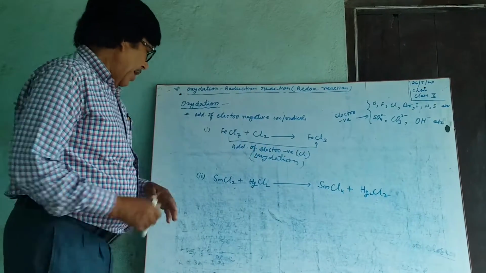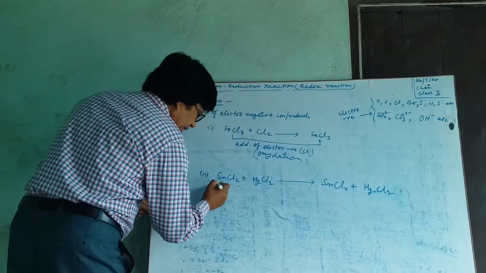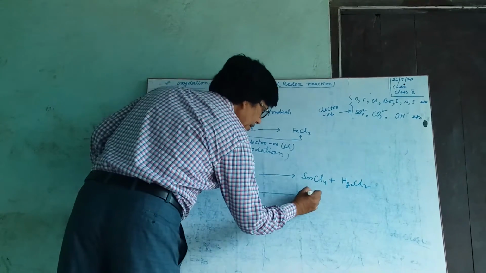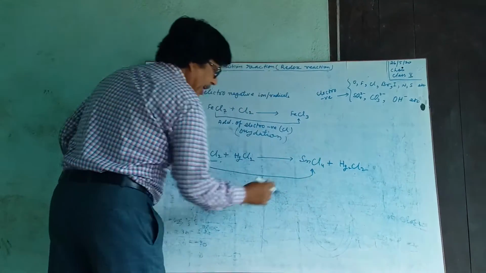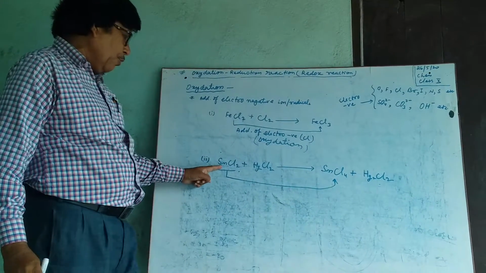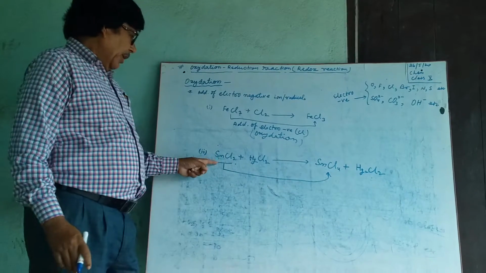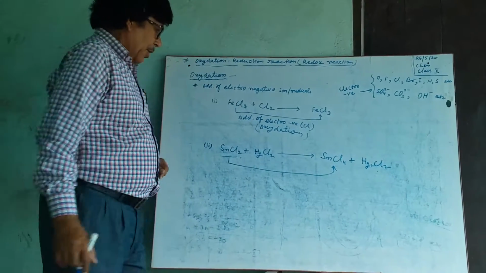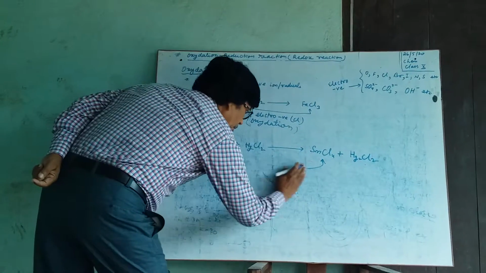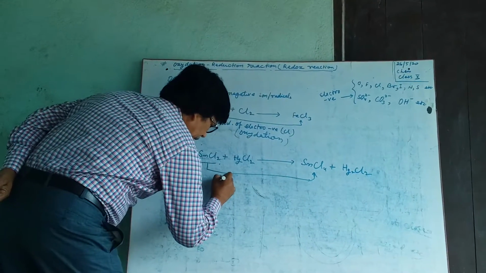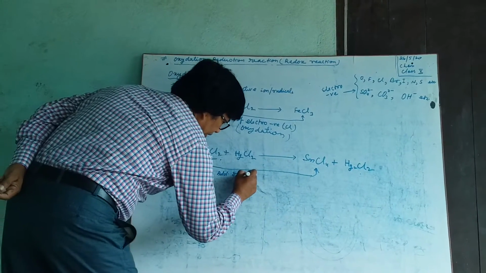We see in the next equation that 2 chlorine atoms have been added, SnCl2 has become SnCl4. Increment of 2 atoms per molecule. This is addition of Cl2.